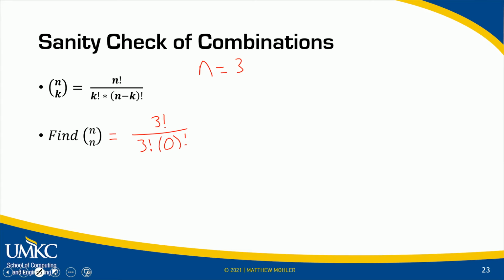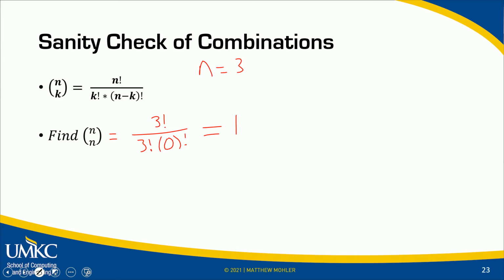Now, if we're trying to find the number of unordered ways that you can order the elements where there are the same number of elements as the sets that you're creating or the combinations that you're creating, there's really only one way to do that, and that's to put all of the elements in.